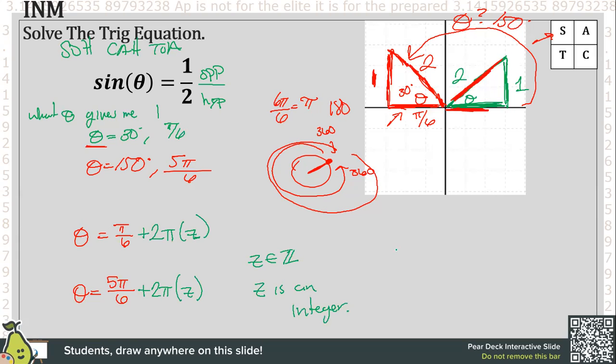Okay, and what that means is it's a positive or negative whole number. Sorry, my handwriting is real bad today. So this right here is what we're saying. I know in class I put a plus minus, but I wasn't thinking. But ideally, it's the integer is accounting for the negative. So if z was -1, well, now I'm subtracting 2 pi. Hopefully that makes sense, right?